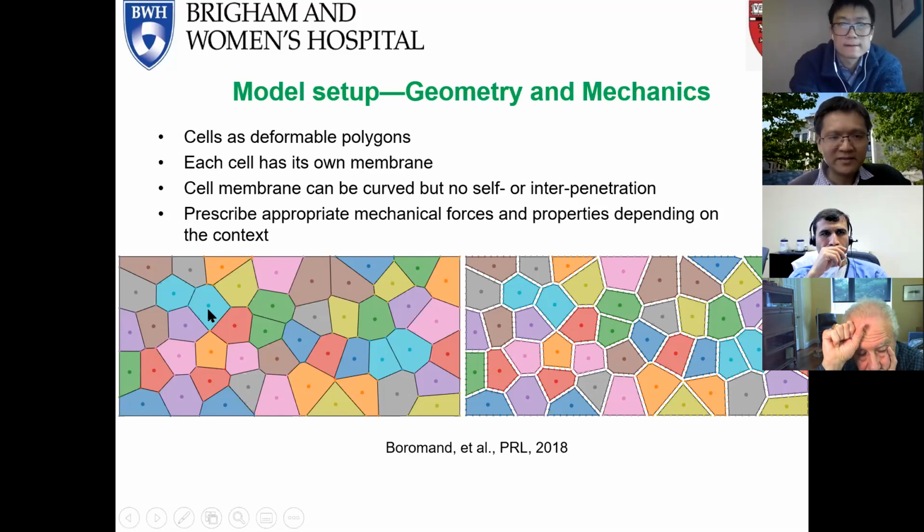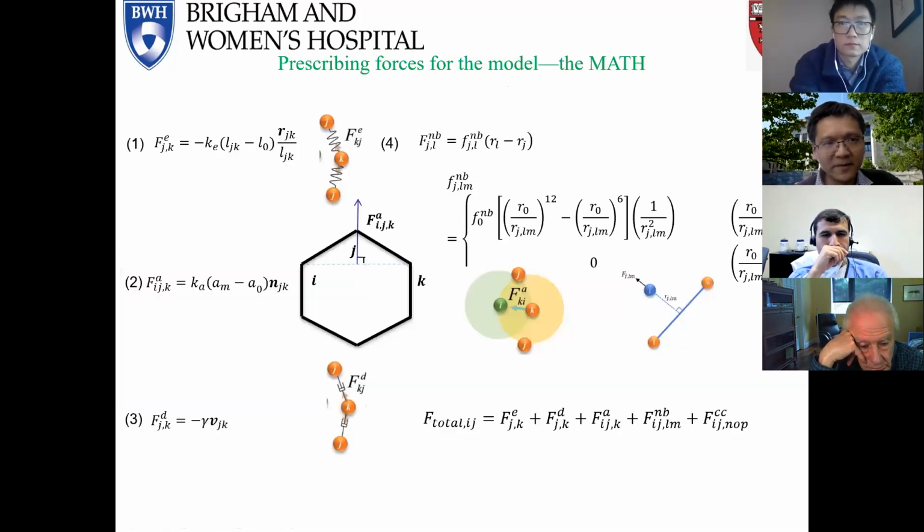We started out with a Voronoi tessellation, and then we shrink the cells a little bit to form the boundaries for each of them. Each boundary of the cells is discretized into several points, and that way the cell membrane does not need to be straight necessarily.